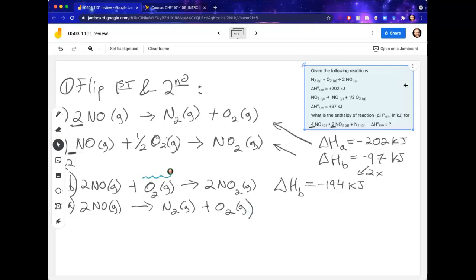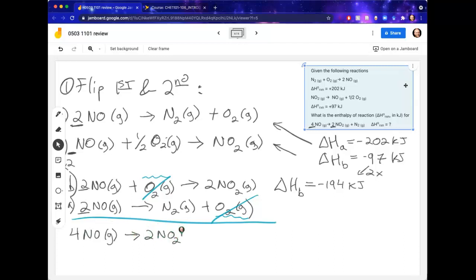The oxygens are on two different sides of the arrow. So when we add these equations together, the oxygens are going to cancel and we'll be left with the target reaction. In this case, 2 plus 2 is 4. And this will produce 2NO2 plus N2.